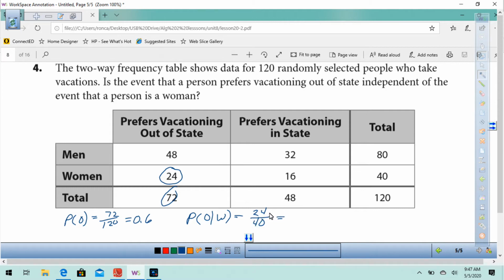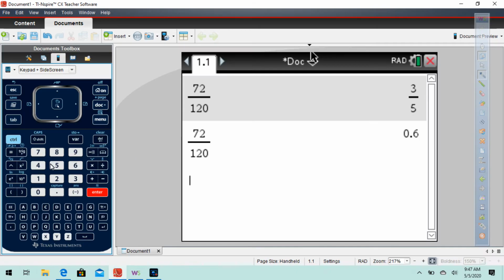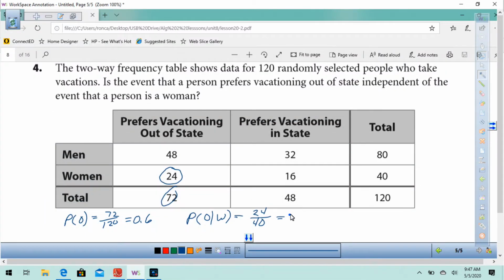Is that 24 over 40 the same as 72 over 120? Let's see. 24 divided by 40, that's 0.6.